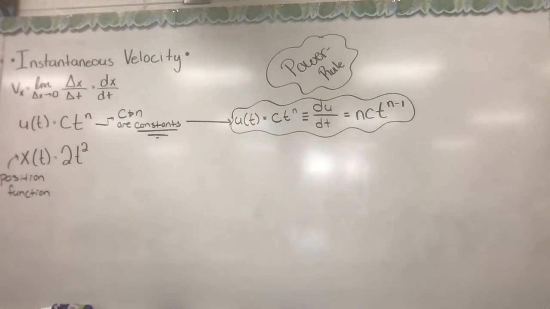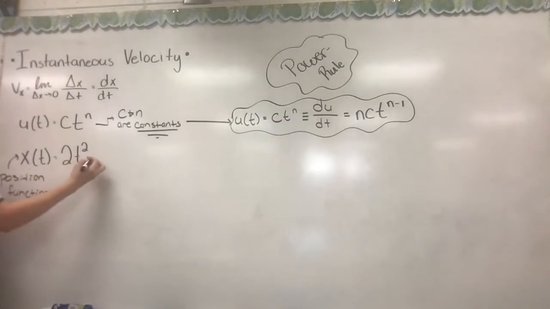The derivative is the slope of the graph. Okay? So why we use it in this class in physics is because if you take the derivative of position, you guys, what does the slope of a position versus time graph give you? Velocity. So if you take the derivative of a position function, it gives you the velocity function.